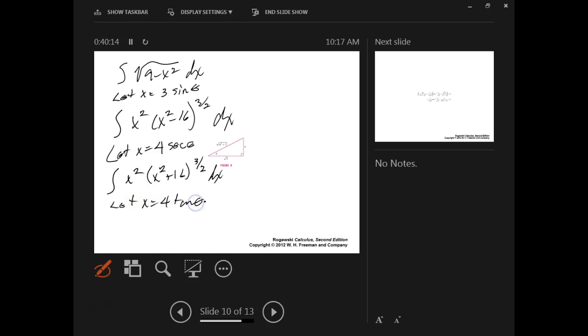Excellent. And then the last one, D, I'm going to write it over here, is the integral of x squared minus 5 to the minus 2 dx. What do you reckon?